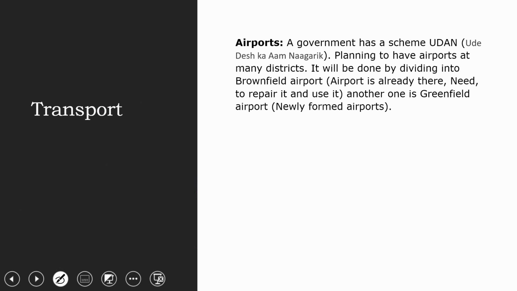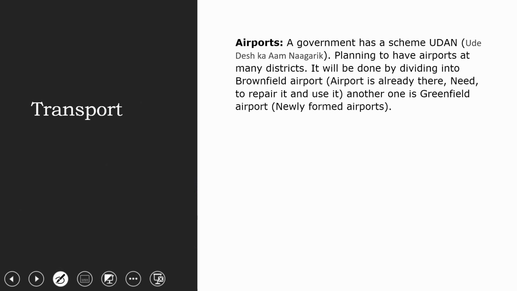So if you remember, in the last 2 years the Modi government inaugurated the Kalimpong airport in Sikkim. And after the inauguration, within a month this airport was closed, because there was a lack of technology, no weather report technology was installed on that airport.